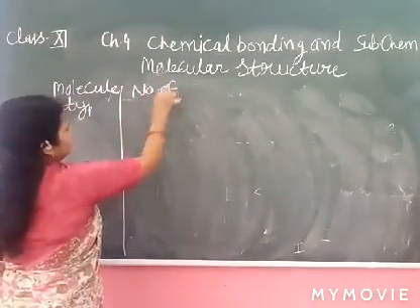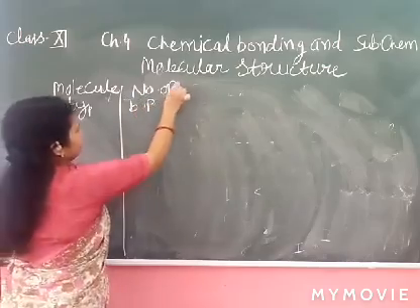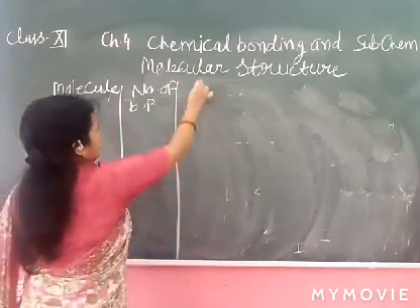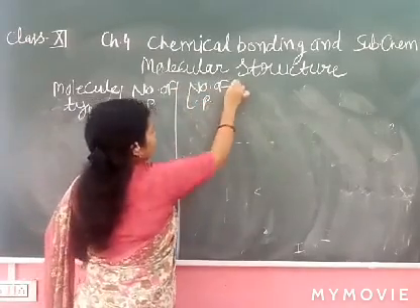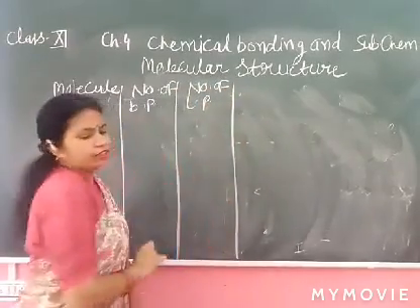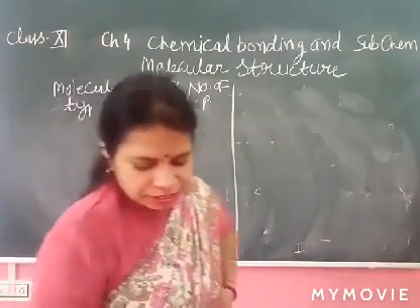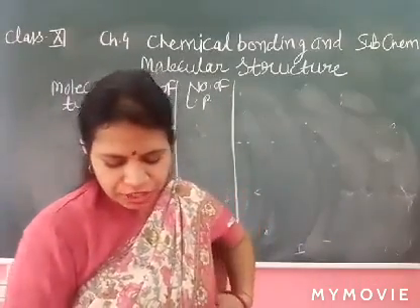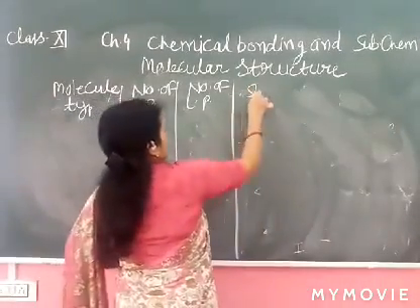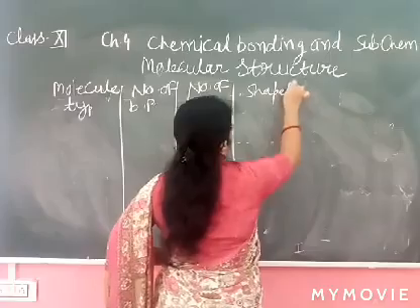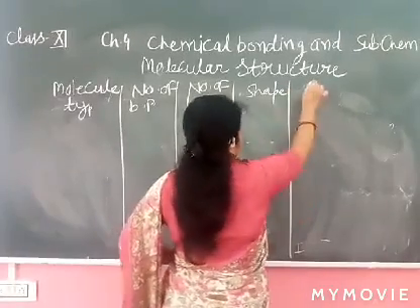Make a table: number of bond pairs, number of lone pairs, and shape of the geometry, and examples.